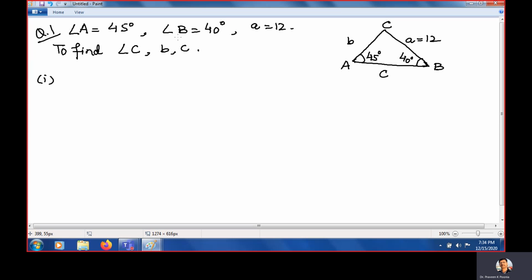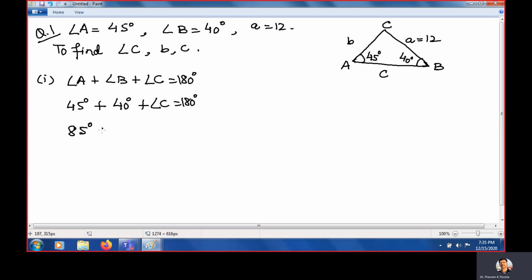So first, 2 angles are given, so the third angle we can calculate. Why? Because I explained to you angle A plus angle B plus angle C is equal to 180 degree. Angle A is 45 degree. Angle B is 40 degree. Angle C we need to calculate. 45 plus 40 is 85 degree.